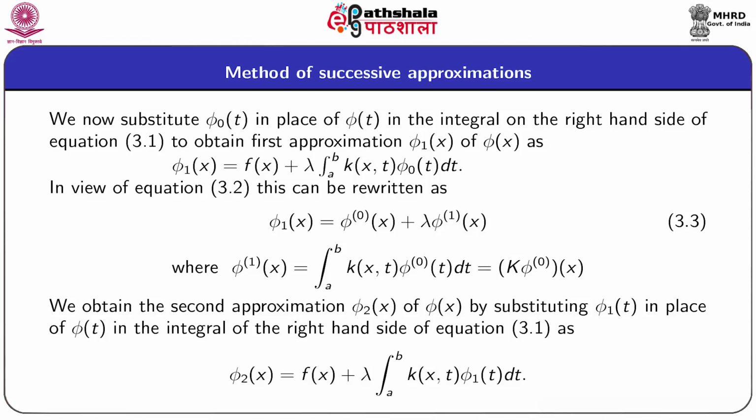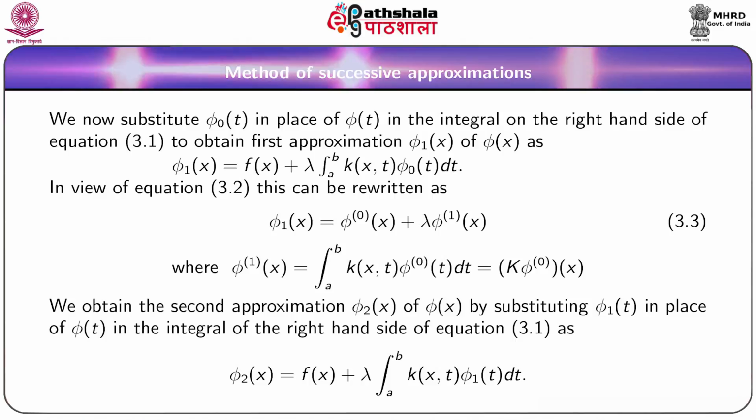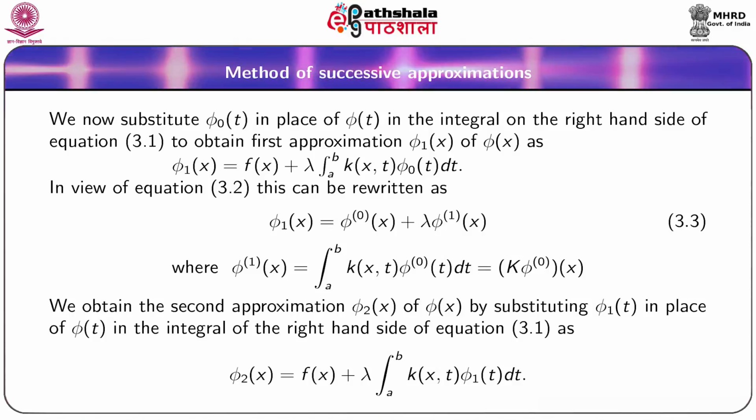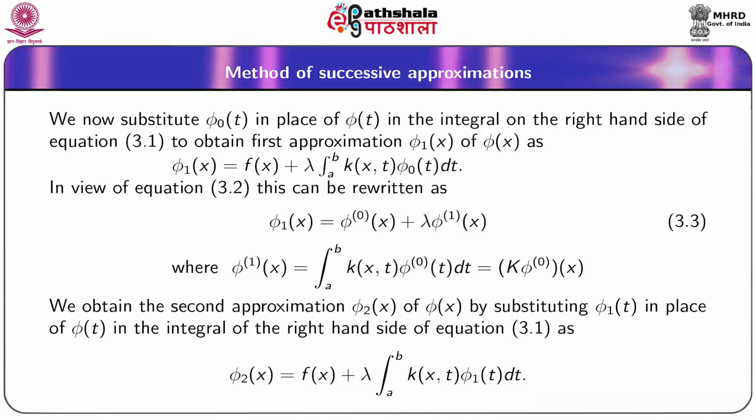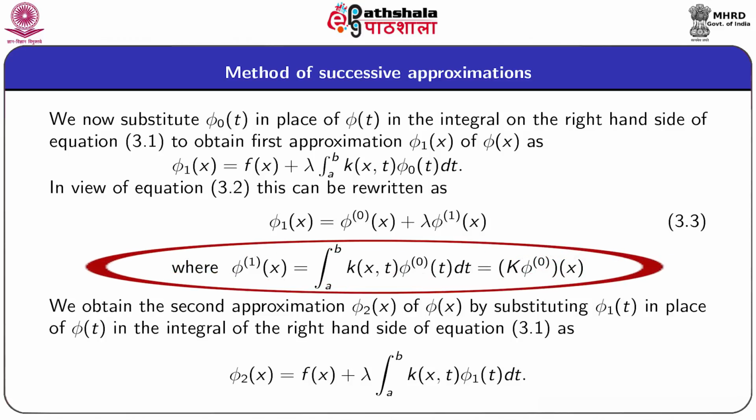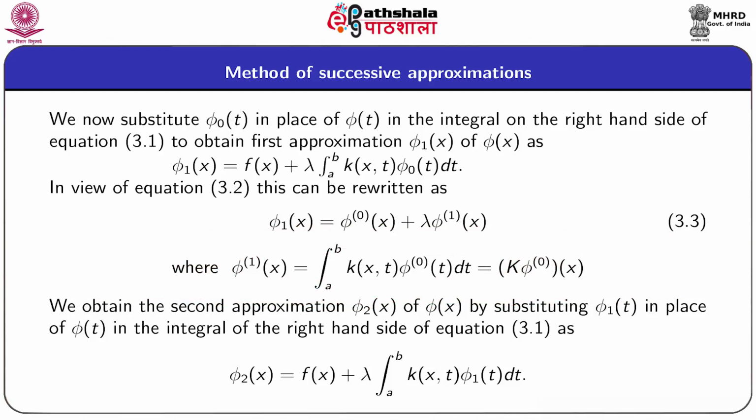Here f x, if you remember, is equal to phi superscript 0 x as given in equation 3.2, we use that in place of f x, and this phi superscript 1 x in equation 3.3 is given by this expression, or in the operator form phi superscript 1 x is given by this.